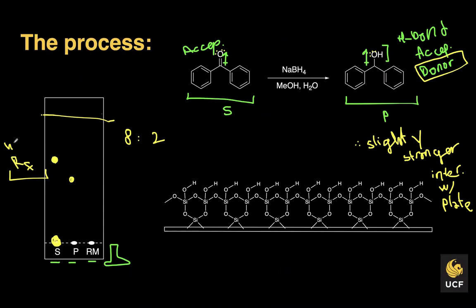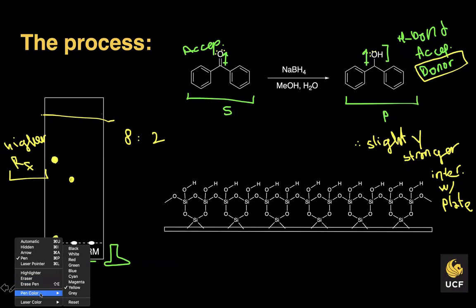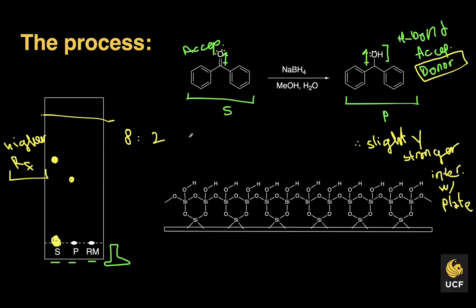So another way to think of the RF value is as a percentage. What percent of the plate did the spot travel up? Did it travel up 60%? Did it travel up 70%? And so if it didn't go very far because it's stuck and the mobile phase can't move it, it'll get 10%, 15%.